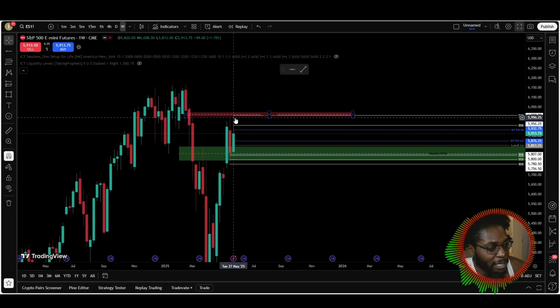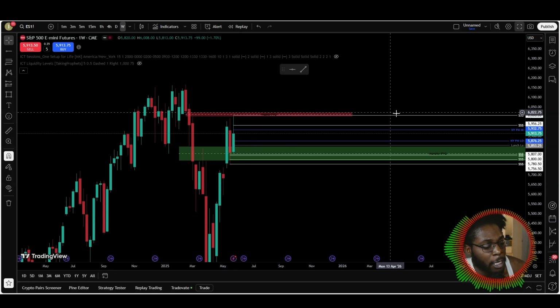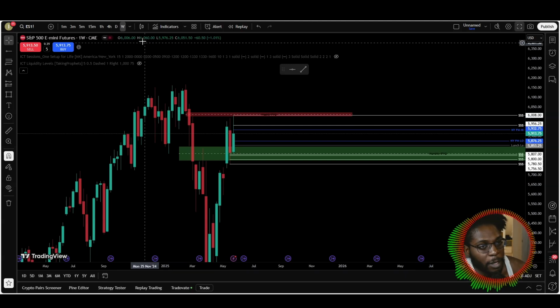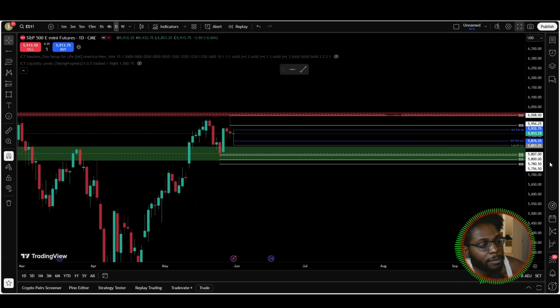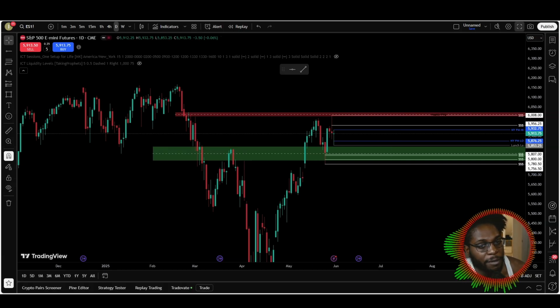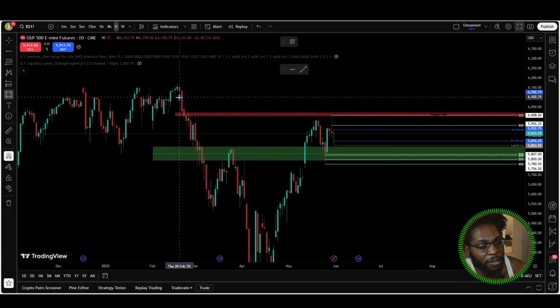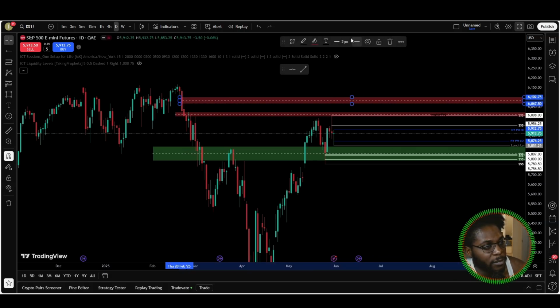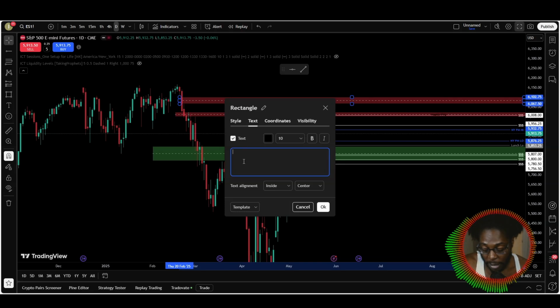So now that I got the weekly, I'm going to go down to the daily and just do the same thing, just seeing what's on here, right? So we see there's another fair value gap up above that one that hasn't been touched. So that's going to be your daily right there.